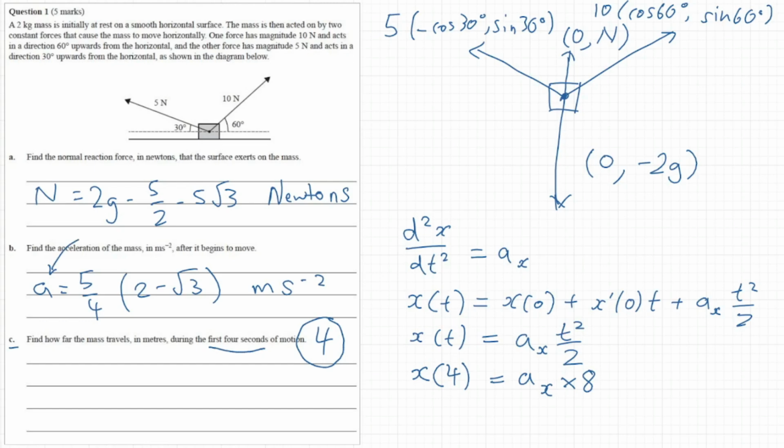We know this is 5 over 4 times something, and we're trying to multiply by 8, so this over 4 will cancel with the times 8, and we'll end up with a times 2 in our next line. So 2 times 5 is 10. I'll put a 10 out here, and there's our answer, okay? So the distance the mass travels in the first 4 seconds is x of 4 equals 10 times 2 minus root 3 meters.